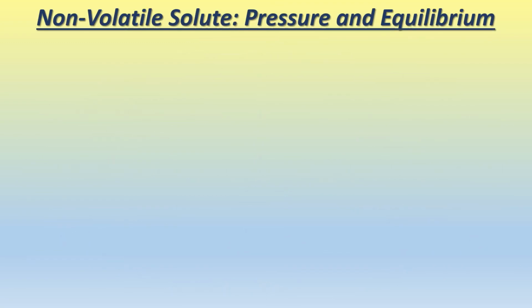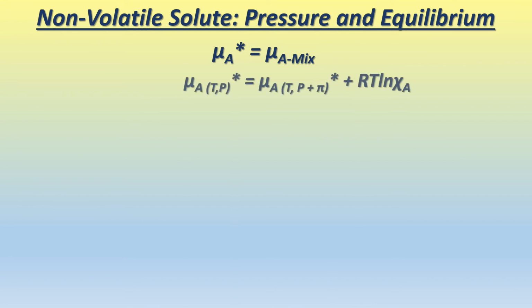For the same situation of a non-volatile solute, how would pressure affect equilibrium? When the solution is stable, the chemical potential of the pure solvent is equal to the chemical potential in the mixture. In the mixture, that's equal to RT log of the fraction of the solvent at some different pressure, P plus pi.